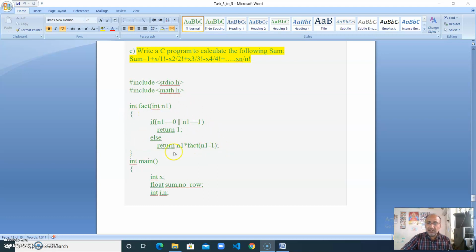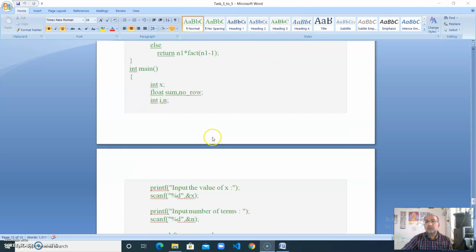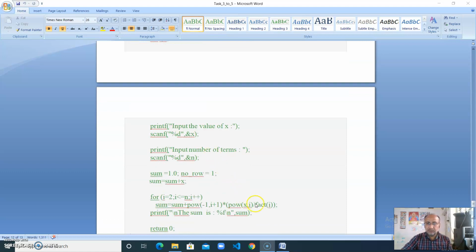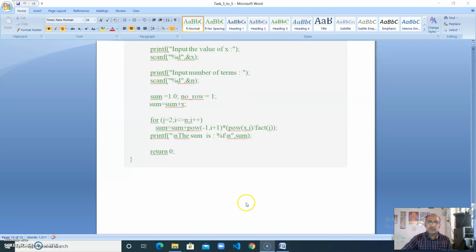This is the factorial function, the recursion function. By using this, power x comma y by fact i. Understood? Thank you.